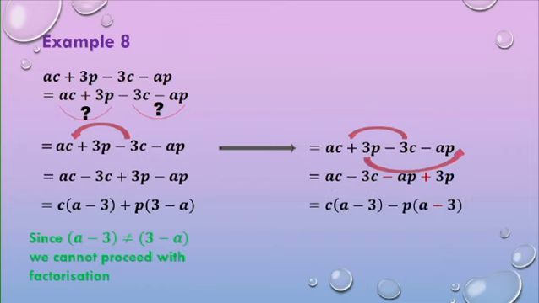In the first group, we have the letter c as common factor. In the second group, that is the last two algebraic terms, the letter minus p will be the common factor. Now we do have a common compound factor, which is a minus 3. So the factorization is a minus 3 followed by c minus p.